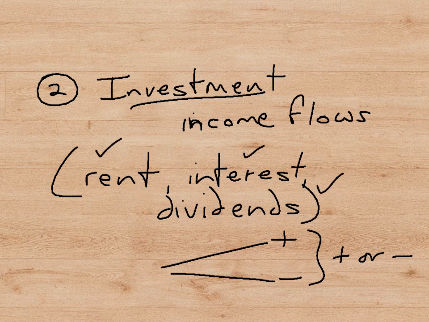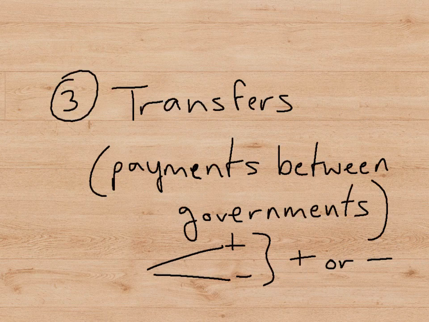Therefore, there are always flows of money into and out of the UK due to rent, interest, and dividends. Inflows are given a plus sign, outflows are given a minus sign, and overall, this part of the current account can have a plus or a minus sign, depending on whether inflows or outflows are greater.